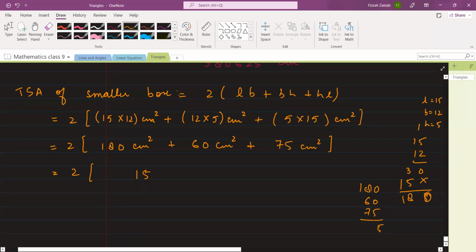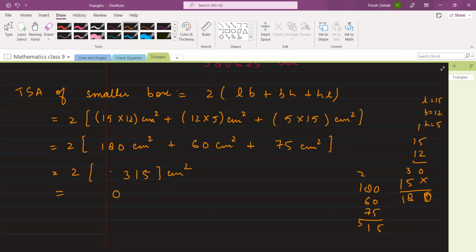So 5, right? Now this is 14. 14 plus 7 is how much? It will be 21 and then 2. So 315, sorry, 315 I'm getting centimeter square. And then multiply. So 2 into 5 is 10, carry 1, 3, 630 centimeters square. Right?